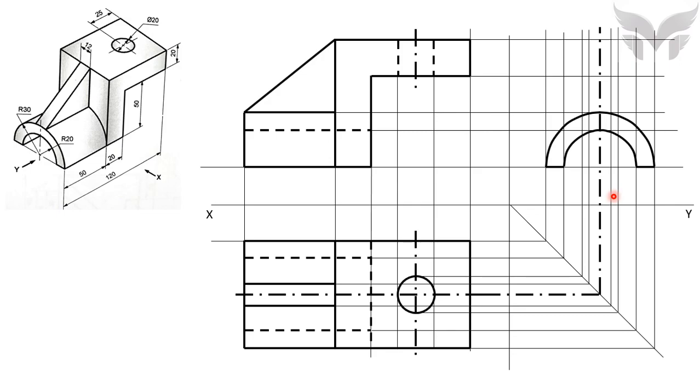Next surface which is clearly visible from side is this, which is highlighted in red color. Easy to show it by drawing these three lines. First line, second one, and the third line. Now let's focus on the rib, the next part. When we look at rib from left hand side, we can see these two edges highlighted in red color.